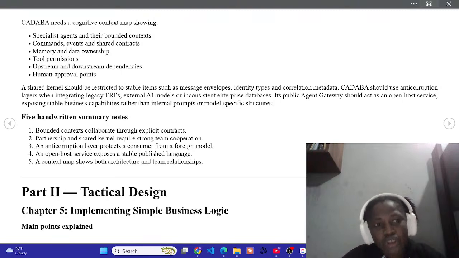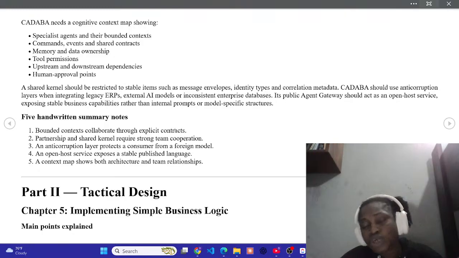Each agent A cannot access agent B's memory because they are not solving the same problem. Each agent has their own memory and their data ownership. Then tool permission. Each agent must have a bounded context or context map that will map them to the specific tools that they can call.